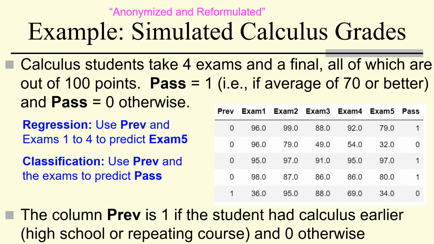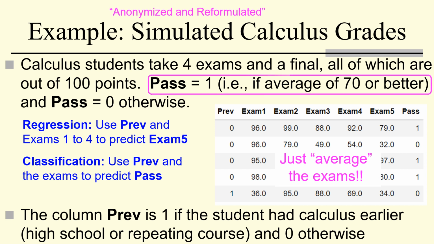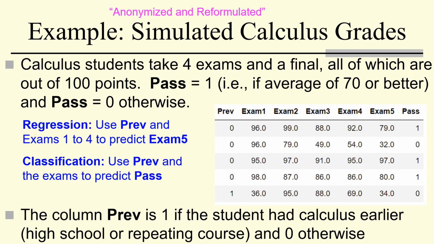A classification problem might be to use previous and the exams to predict pass. This is actually a sort of silly problem because you don't need data science. All you have to do is take the average of the 5 exams, and if it's bigger than 70, pass equals 1. So let's come up with a more interesting question. What if we wanted to predict whether or not a student passes the class before they take the final exam?